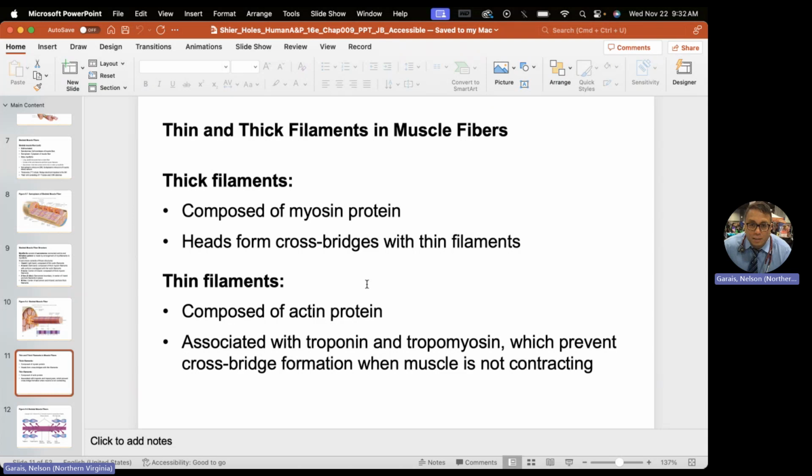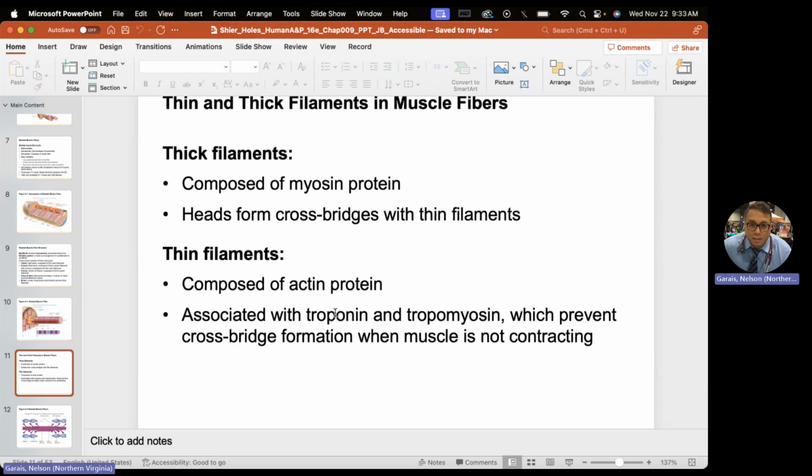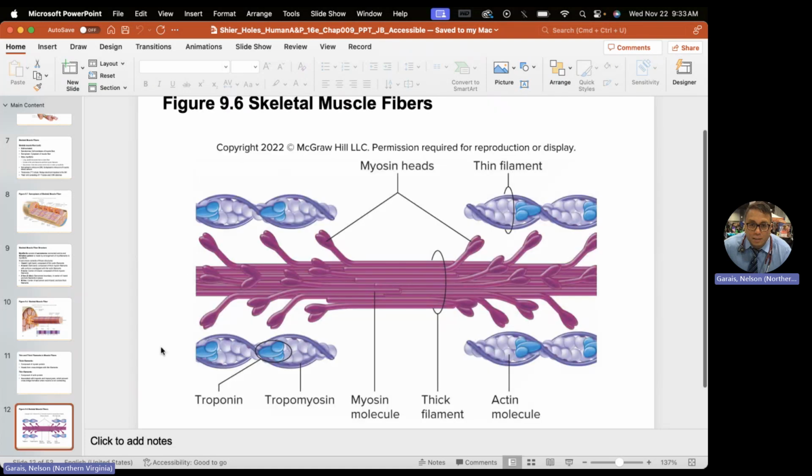You're made out of thick filaments, which are called myosin, right? And thin filaments, which are called actin. These are all made out of proteins. And this is how I remember actin, actin, right? Now this head cross-bridging, troponin, tropomyosin, right? Let's look at it when we're looking at this.